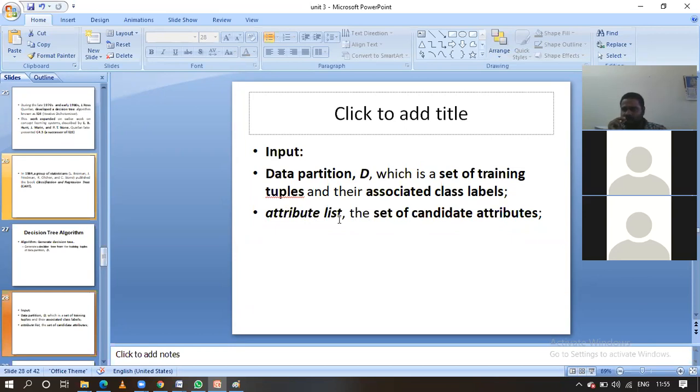Those are grouped together to form one set, which we call the attribute set. These are the inputs for the decision tree: training tuples associated with class labels as well as the attribute list.